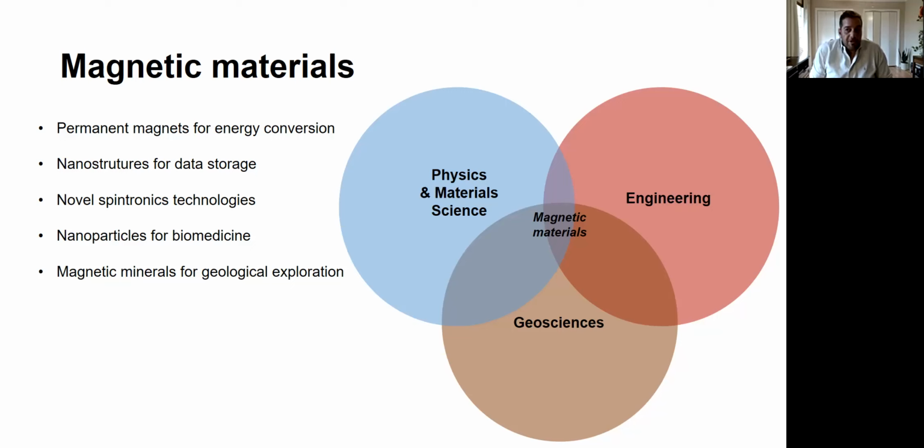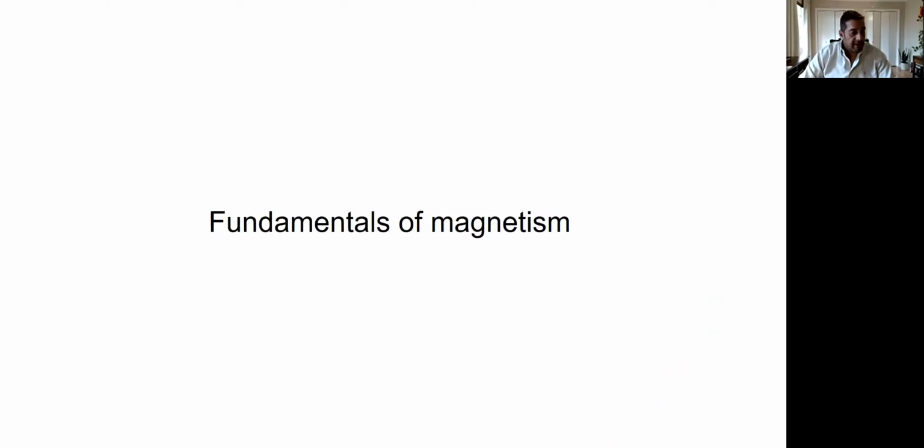So there are many different fields where magnetic materials play a key role. And our job as physicists is to study the link between the properties of materials and their magnetic behavior. And this is also kind of the overarching topic of this talk.